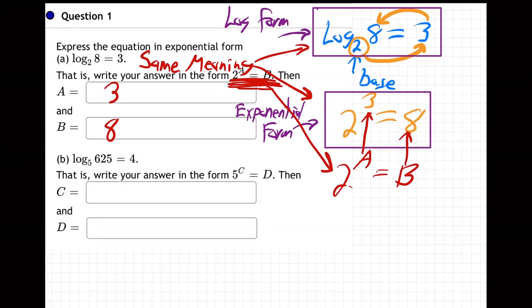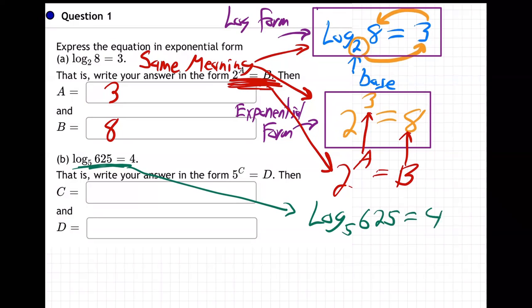Let's do the next one. How about this one? So I'll bring it over here. It's log base 5 of 625 equals 4. Okay, here we go. I'm going to do the switcheroo thing. Again, you grab the base, travel over here and back there like a little circle, little Nike swish thing.